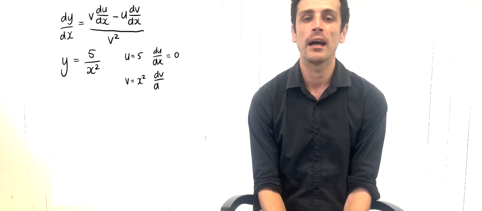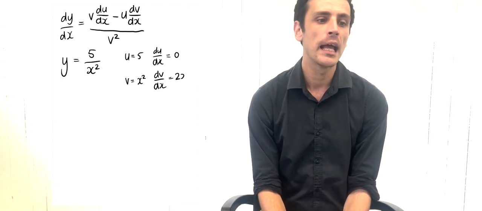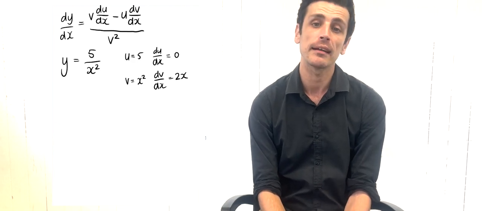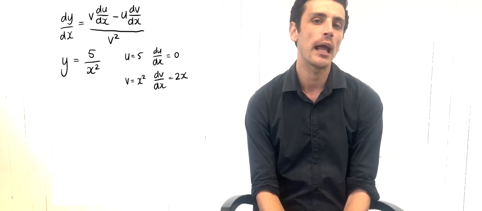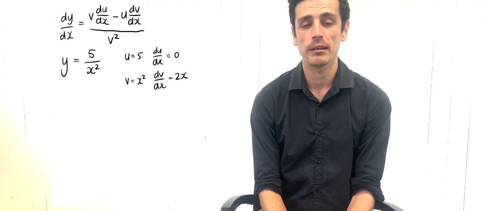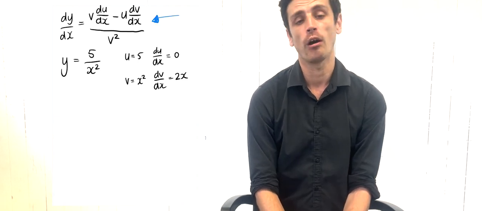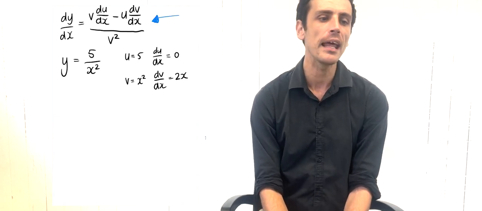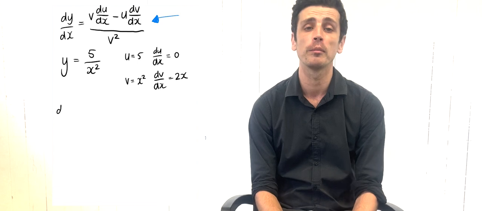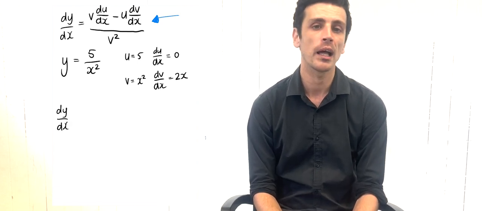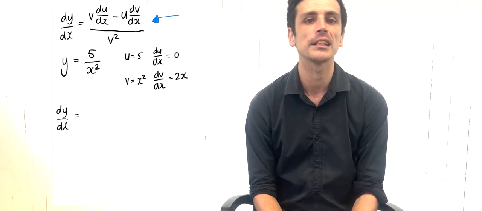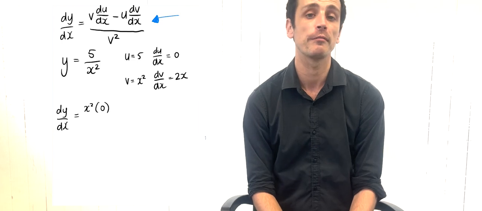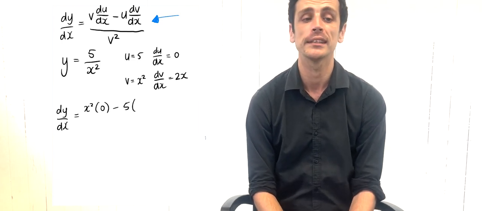So our u derivative is 0. Our v is x squared, so our v derivative is 2x. Now we can plug into our formula: v multiplied by the derivative of u, minus u times the derivative of v, all divided by v squared.